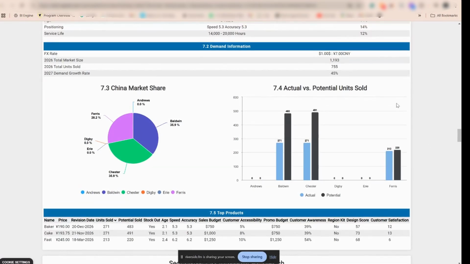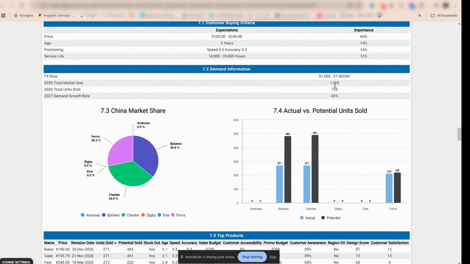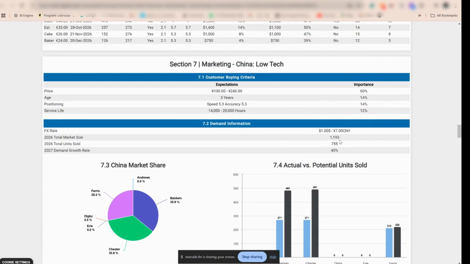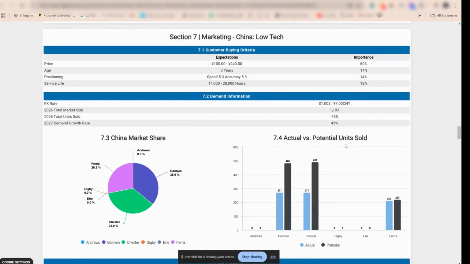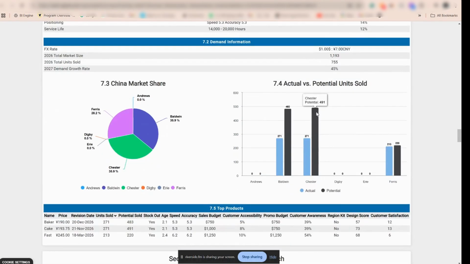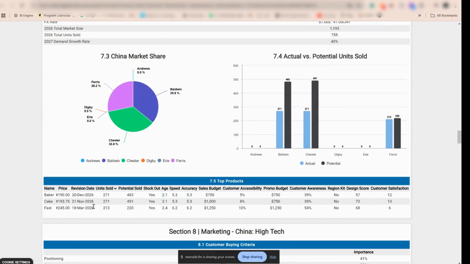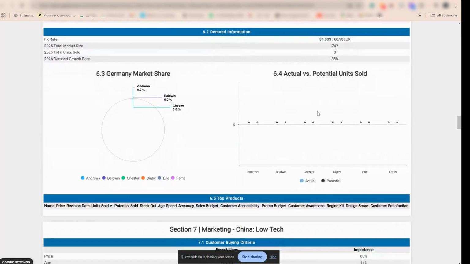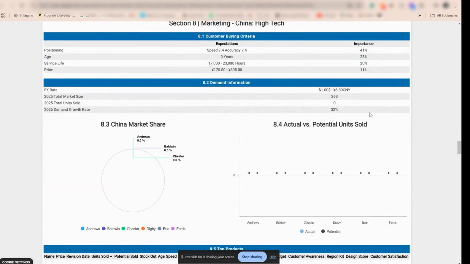So if we do that, the low tech market for China, which is 1,193,000, 45% increase, will give us, I'm sorry, this is not the actual data I should be using. This is data for the ARC, but I need to go back to round zero to get that number.